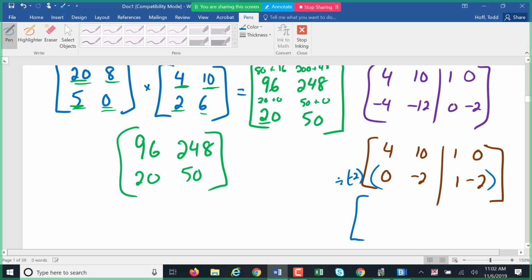So that bottom row is 0, 1, -1/2, 1. Top row, I'm not going to change quite yet. Actually, you know what? I can do one thing with that top row. I'm going to divide that top row by 2, just to simplify it a little bit. So give me 2, 5, 1/2, and 0.